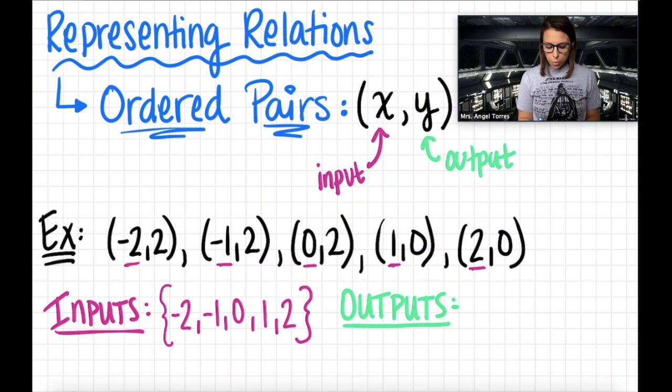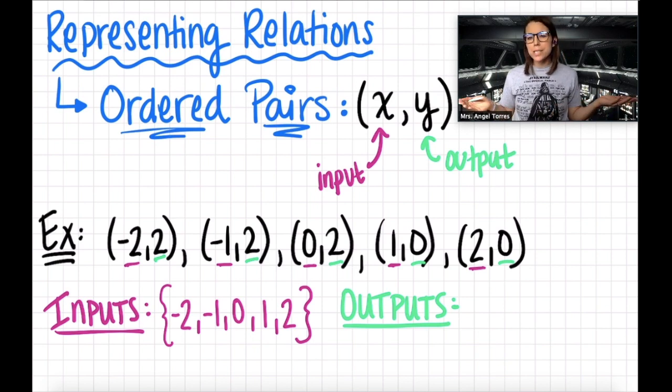My outputs here were 2, another 2, another 2, 0, and 0 again. Now, it seems kind of silly to list out the 2 three times, the 0 two times. We're just saying what was represented in our output. So in this case, there were only 2 numbers represented as our output, and those were 0 and 2.